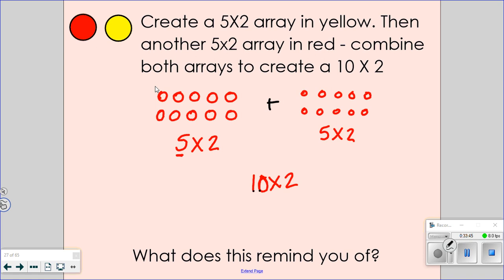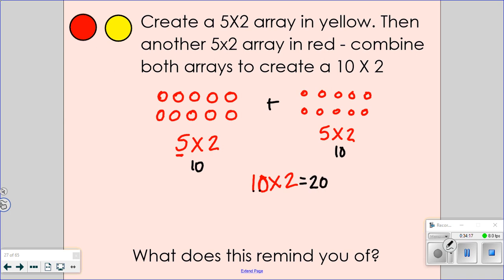What is 5 groups of 2 worth? Cole? 10. What is 5 groups of 2 worth? Gordon? 10. If I know this section over here is 10, and I'm smushing it with this section over here, which is also 10, what is my total? 20.